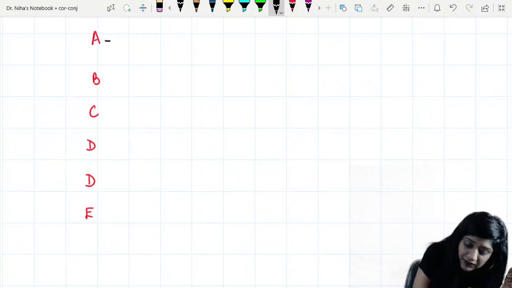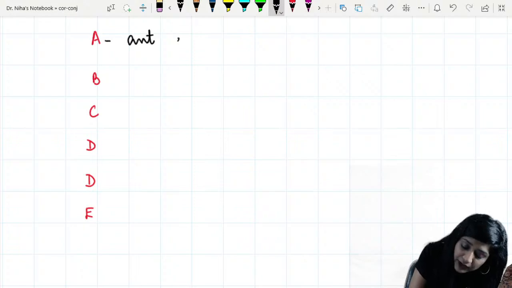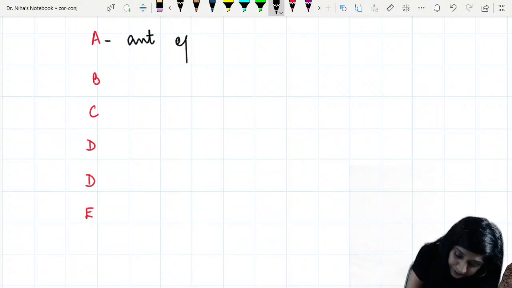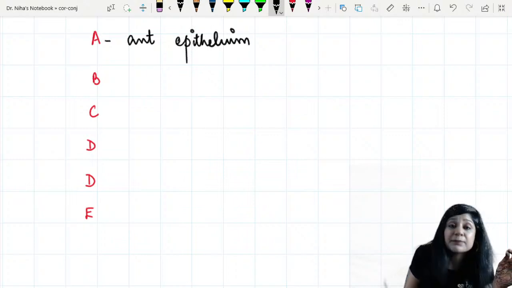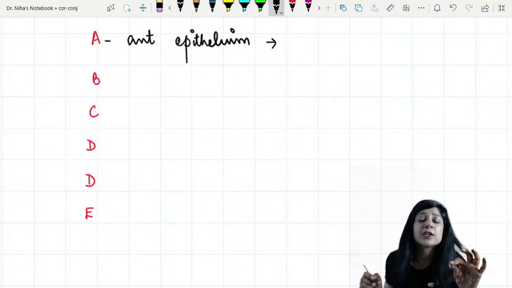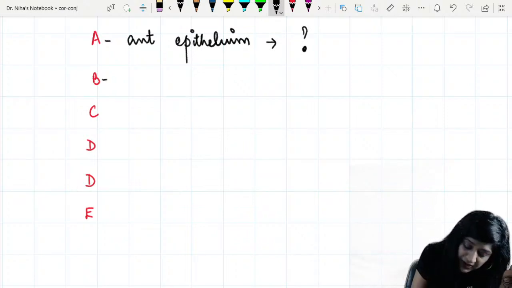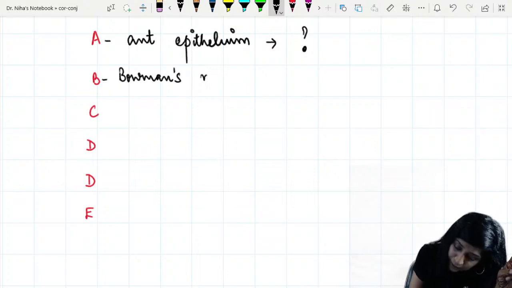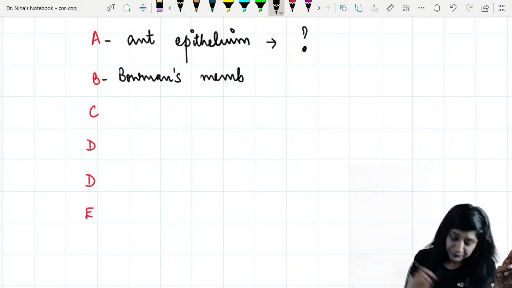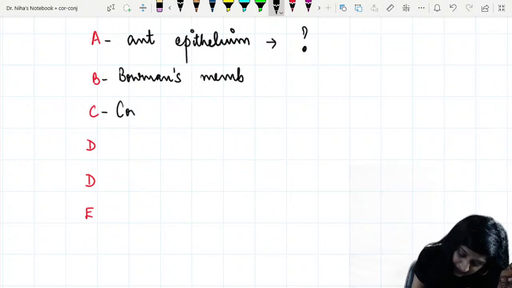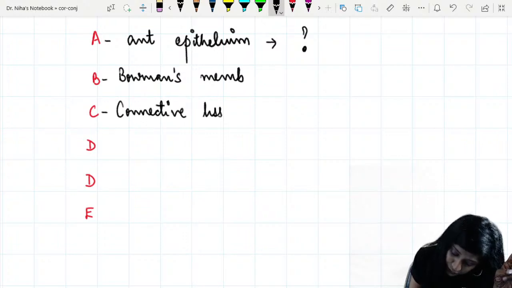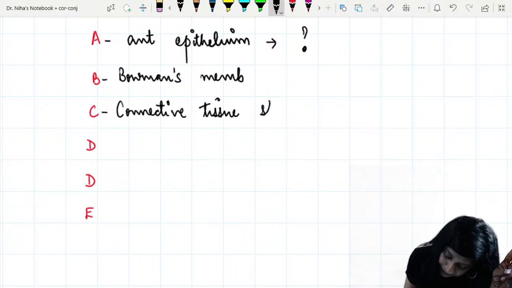Here, A for anterior epithelium. Now you will tell me, please write it in the comment section: what is the type of epithelium here? Another important question. B for Bowman's membrane. Then we have C, C for connective tissue stroma.